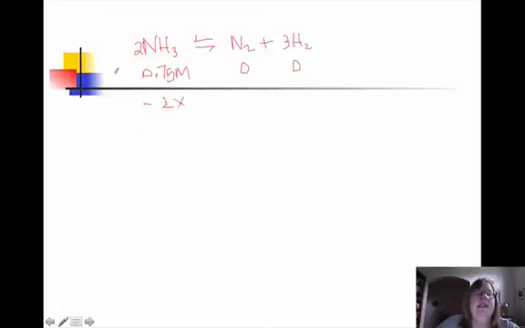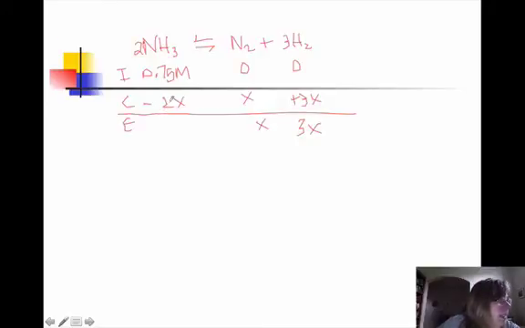Minus 2x, so this is our icebox. And then at equilibrium, this is an x and this is a 3x. At equilibrium, they tell us the amount that we have at equilibrium. They tell us the moles. We divide by 3 to get the molarity of 0.174 molar. Remember, these equilibrium expressions have to be in molarity, so keep your table in moles per liter.